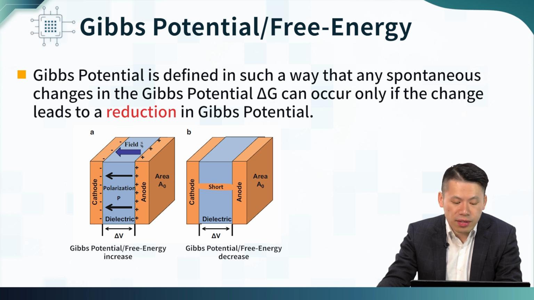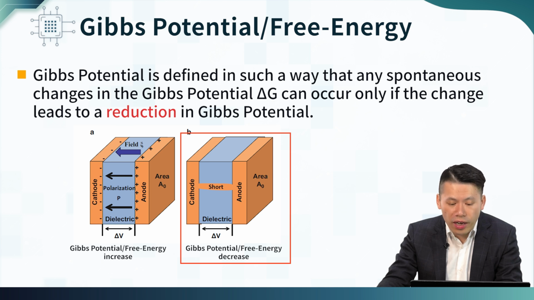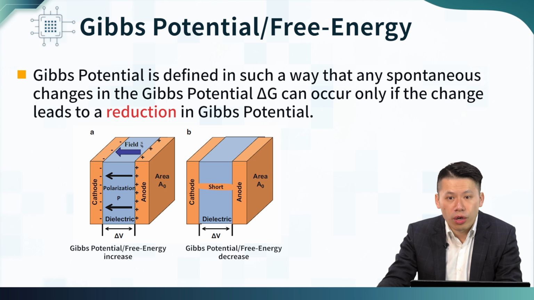In this case, the Gibbs potential increases. But if there is a certain degradation in our dielectric, for example a breakdown path that in the end produces a short connection between the cathode and the anode, then the Gibbs potential decreases, and this is a failed state.